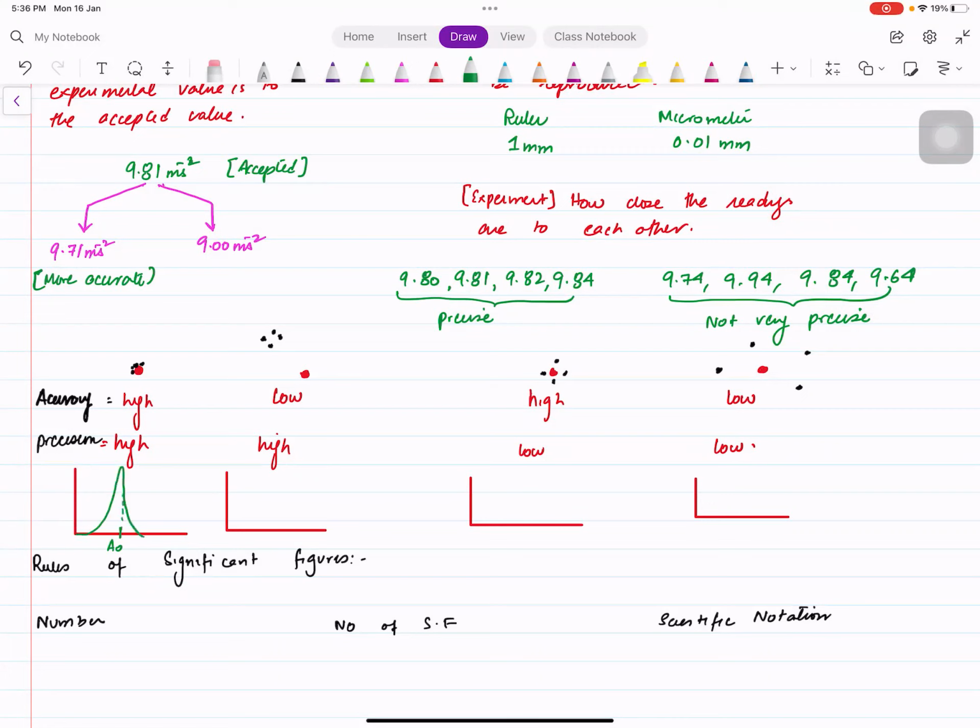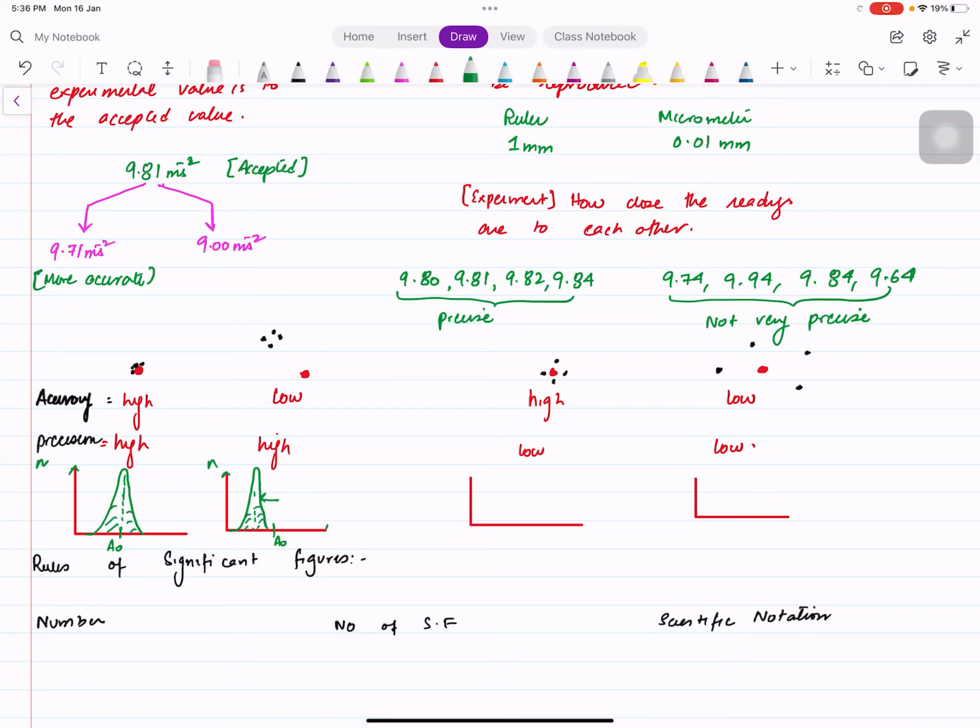The graph will have the peak exactly over the accepted value, and the spread will be very small, right? So this is the number of values. In the case of low accuracy and high precision, if this is the accepted value, then the graph will just shift to one side, which means that it is not exactly on the accepted value. It's moved to the left or right because it could be higher or smaller than that. But because the precision was high, the spread was low.